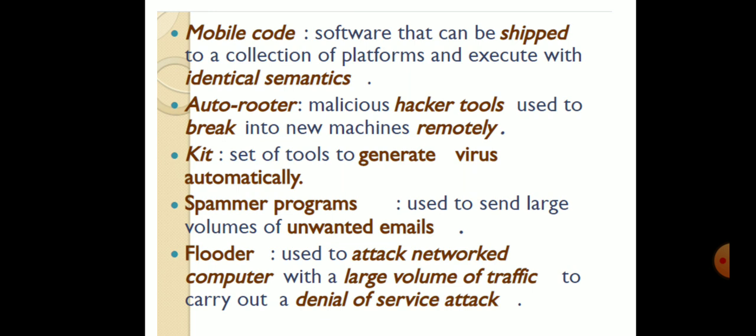If a system can normally handle 1,000 requests at a time, but the flooder sends 10 million requests at a time, the server cannot handle that many requests. So it automatically goes down and cannot provide the service. That is what we call a denial of service attack.